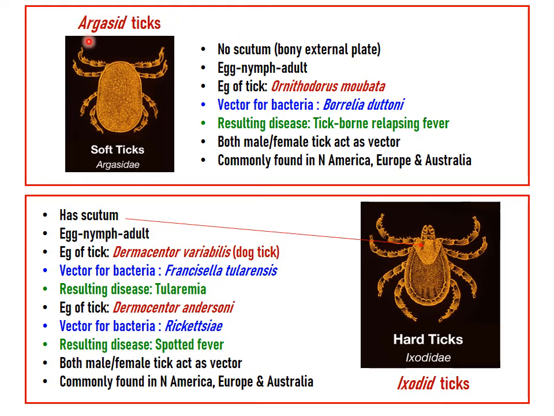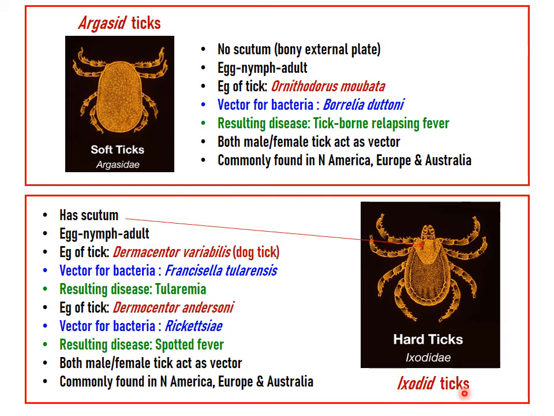What is significant about these ticks, whether they are soft ticks or hard ticks? Some of these ticks are vectors to some bacteria. Different ticks are vectors to different types of bacteria. An example, an argasid type of soft tick, can harbor or is a vector for the bacteria Borrelia duttoni, and this infection can cause tick-borne relapsing fever.